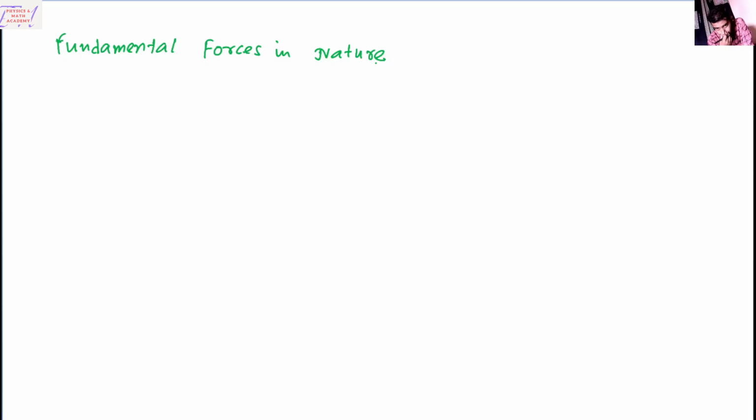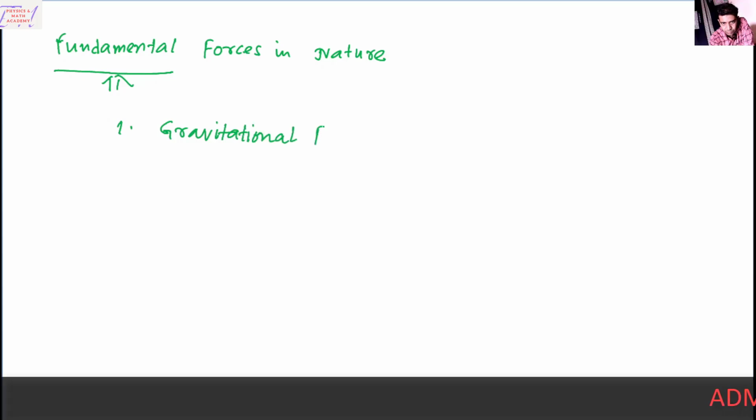What are the forces associated with it? Now, first, one question always comes to your mind: why is this called fundamental? Because they are the building blocks of this universe. These forces are building blocks. So what are they? First, gravitational force.